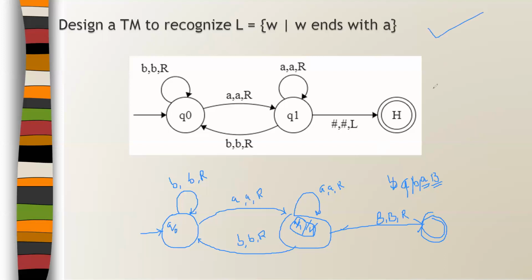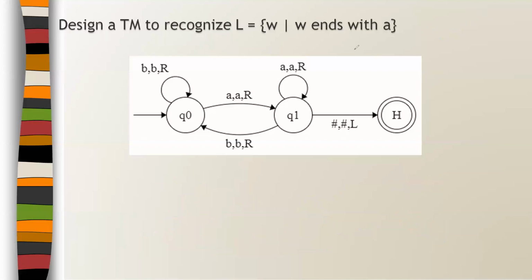By this example, we also learn that if we know the finite automata or can draw the DFA of any machine, then we can easily convert it into a Turing machine. This is the basic construction, or basic introduction, of the Turing machine.